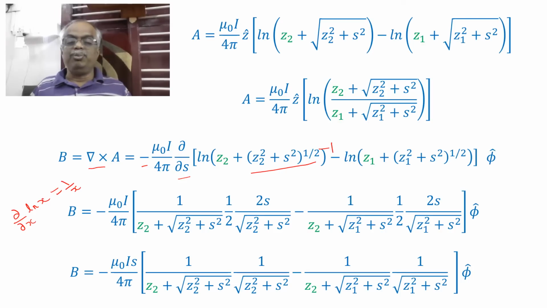So half minus 1 becomes minus half. So this is 1 over square root of z2 squared plus s squared.